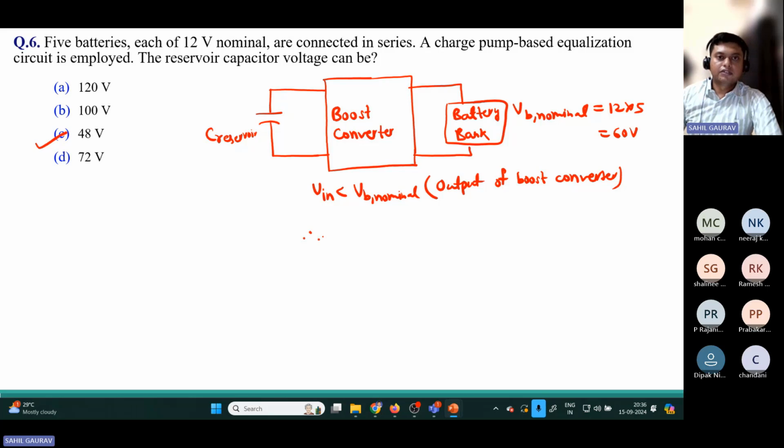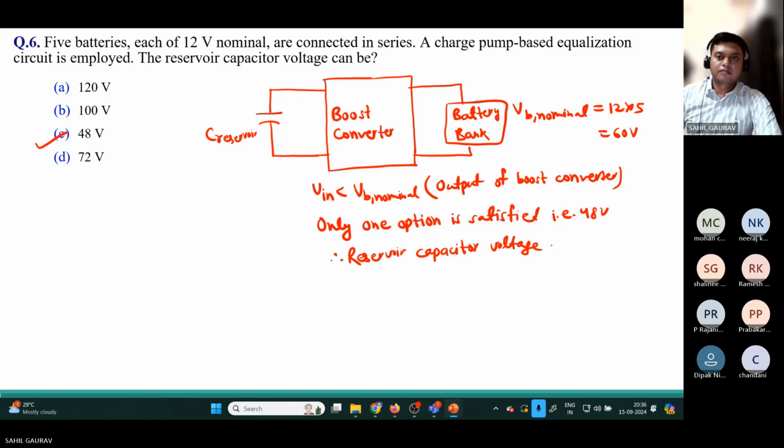Therefore the reservoir capacitor voltage is 48 volt.